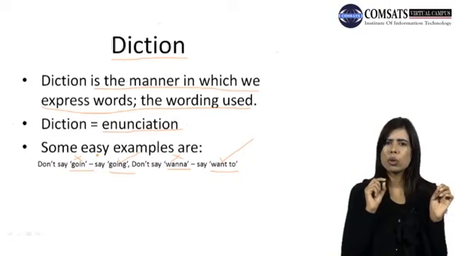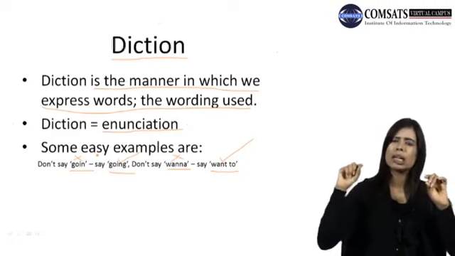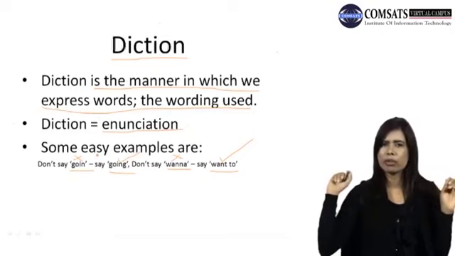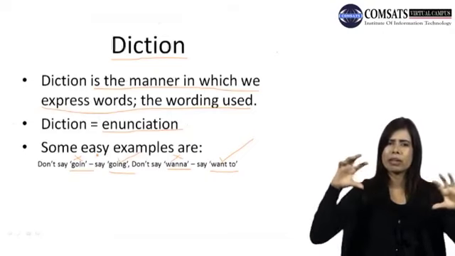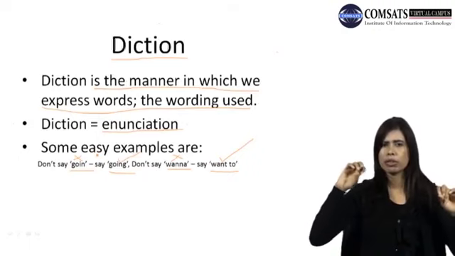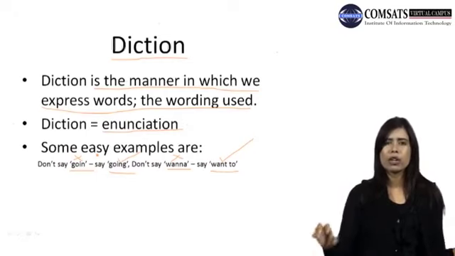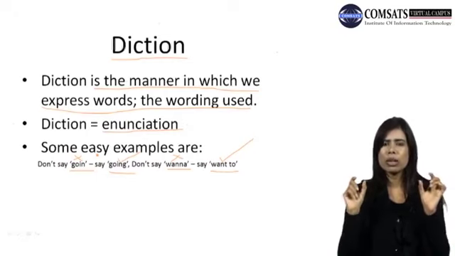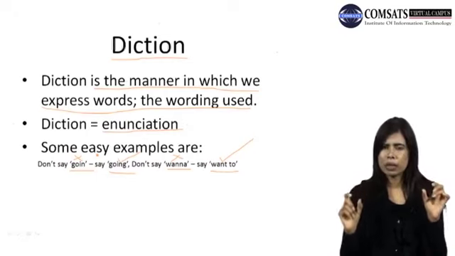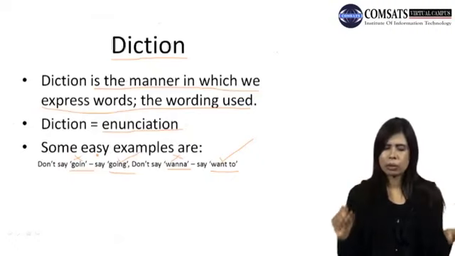But if you just say goin', you are omitting, deleting one sound at the end of the word, and it can be confusing for the foreign speakers or the foreign learners of the English language. So you have to pronounce sounds separately, and you're not supposed to omit any kind of sound.